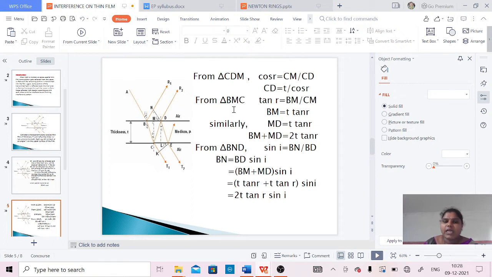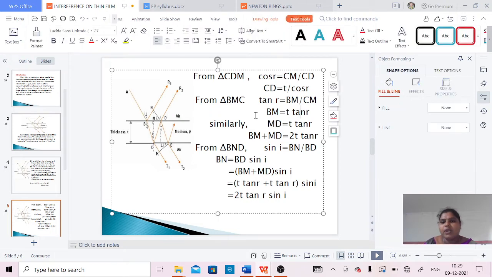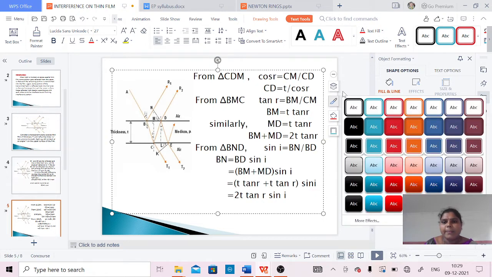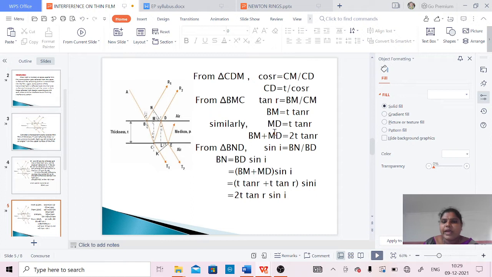And from triangle BMC, the first triangle again, for the tan value: tan r equals BM by CM. Now BM becomes t tan r. And MD value from this triangle is also t tan r.